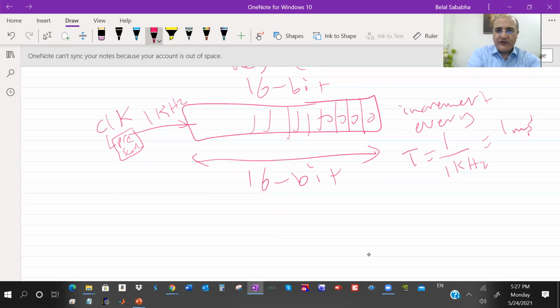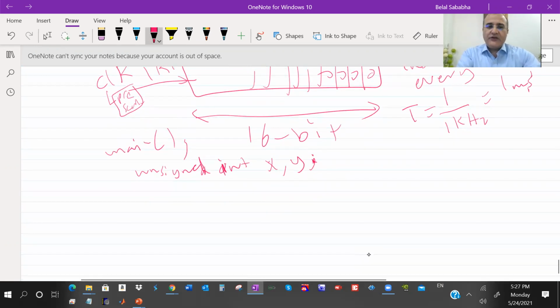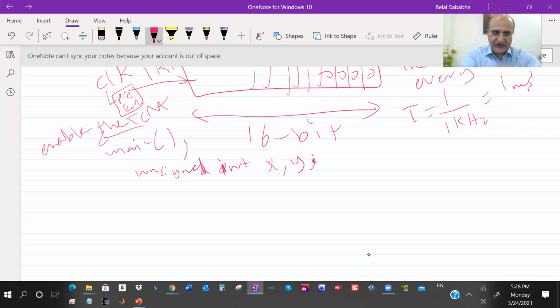So you can read it in your code, Mustafa. In your C program, you can declare an unsigned integer, not a character, because it is 16 bits. Say x, y. You configure and enable the TCNT with its speed.